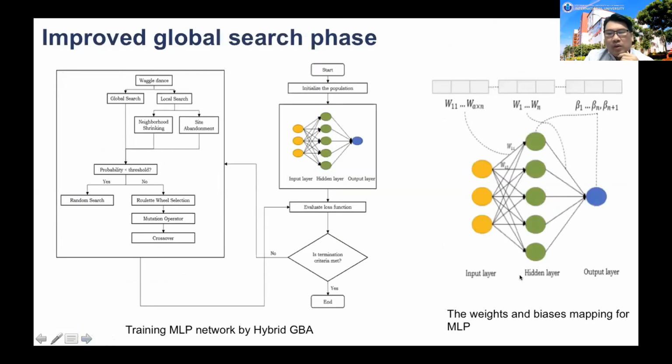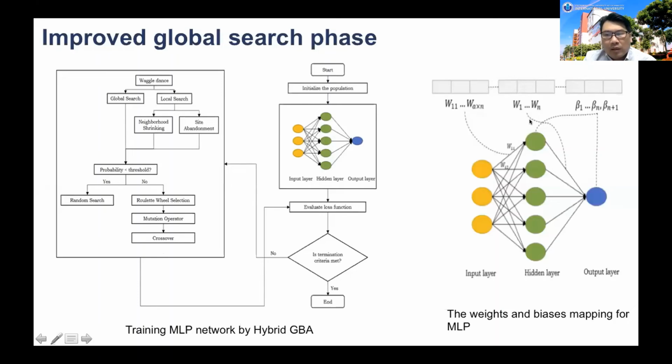So we propose this hybrid algorithm. This part is mainly the BA, and this part is what we hybridize with the GA. Depending on some condition, it can do random search or the standard operators of the GA.